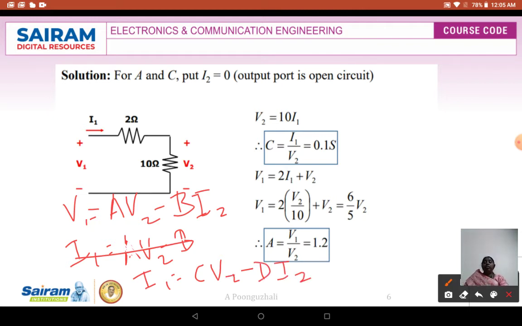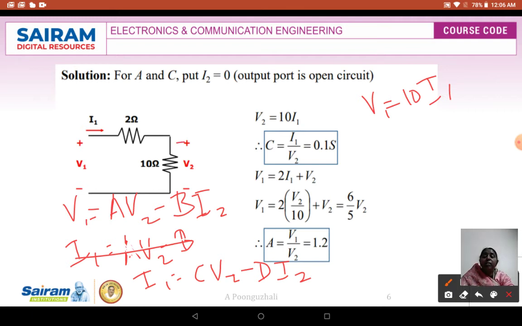To find A, we have to make I2 to be 0. If I make I2 0, my circuit gets simplified like this. The 2 ohm and 10 ohm resistances are in series. So V1 is equivalent to 10 I1. I want V1 by V2, so I should know I1.